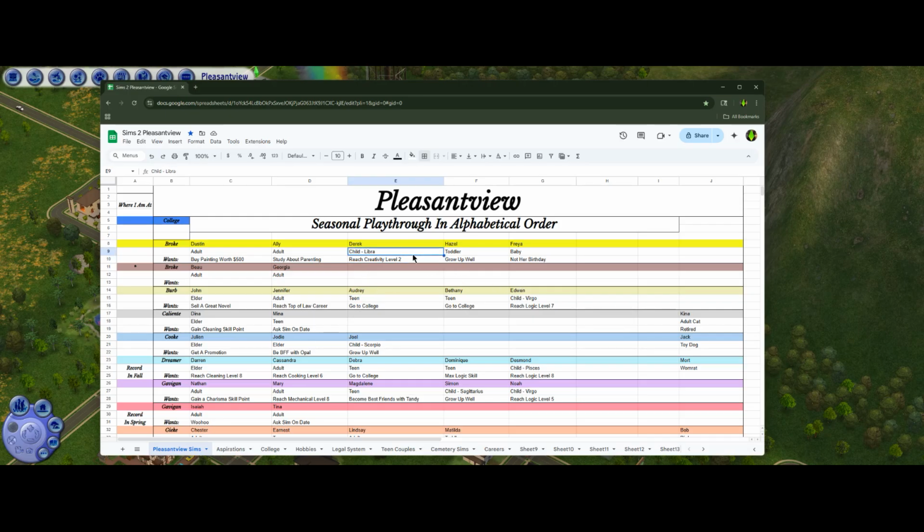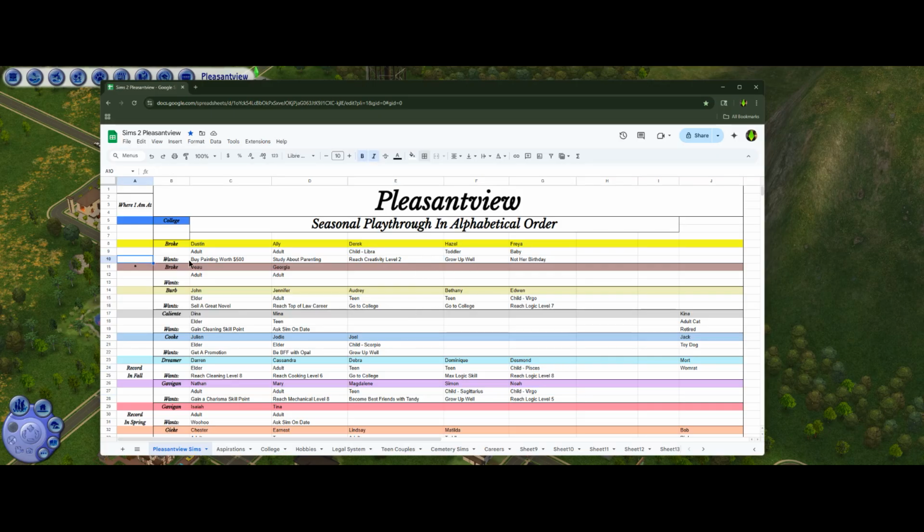And I always like to put this there because when I play my game, I sometimes forget to check, and when it pops up and asks which aspiration do you want and I forgot, I like to come back here and see what they are in the spreadsheet to make it easier for me, so I don't have to change their aspiration in the game, so it'll be right the first time.